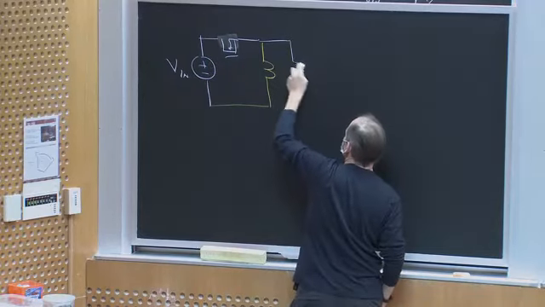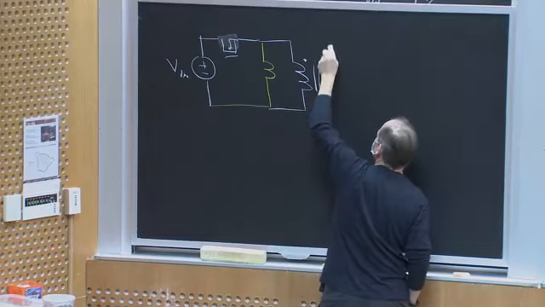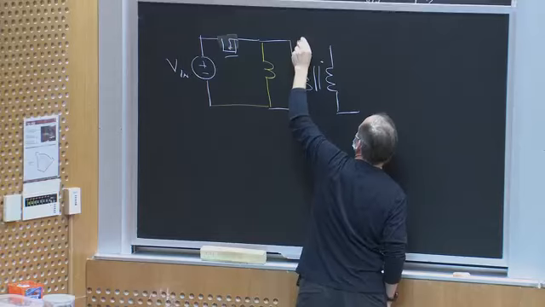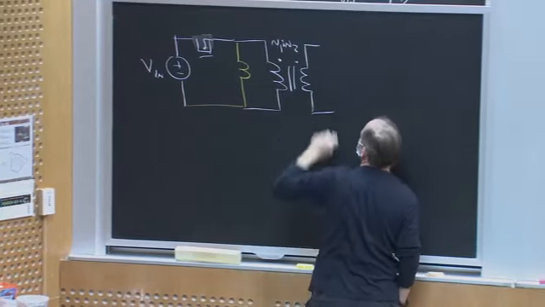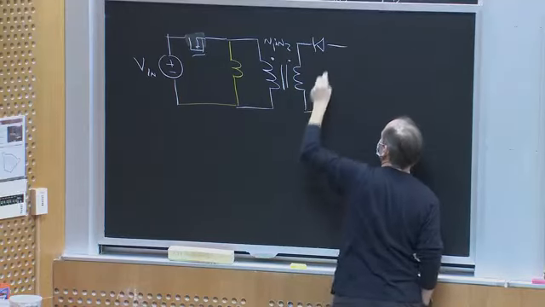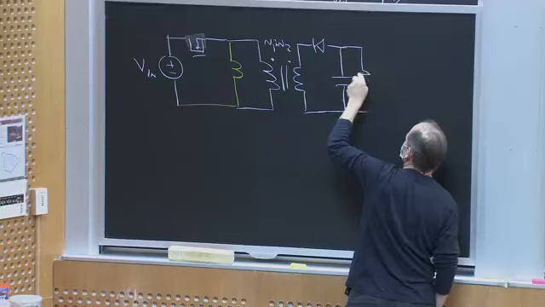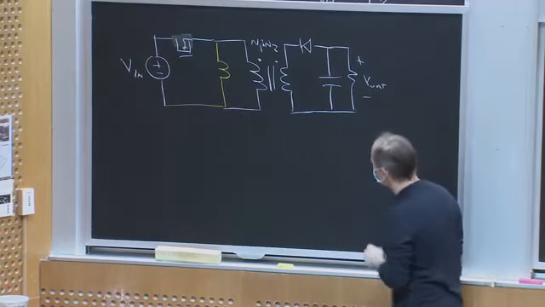Okay, so I'll just throw a transformer in the middle of this circuit, N1 to N2, okay? And all I've done is put a transformer in, and I'll make this Vout, okay?